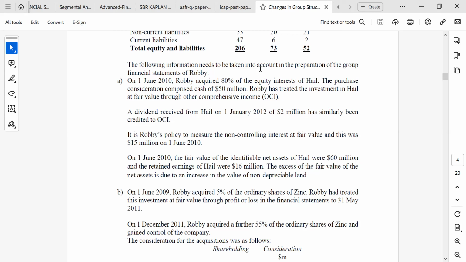I thought dividends from subsidiaries are not supposed to be included in the group retained earnings. So I'm a bit confused. Why? You thought why?